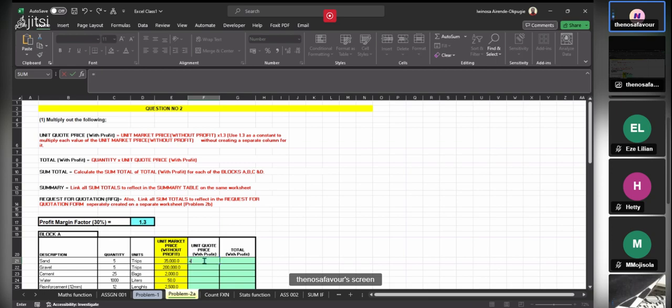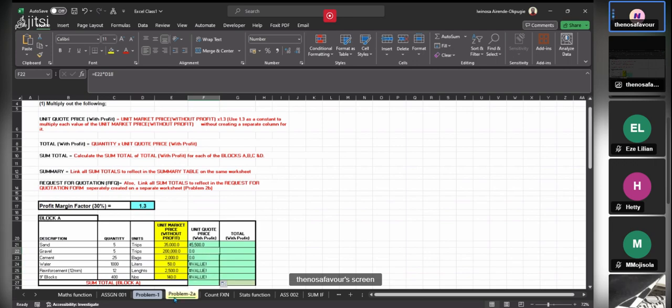Equals to E21 times this D17. All right, so if I hit enter and drag down.